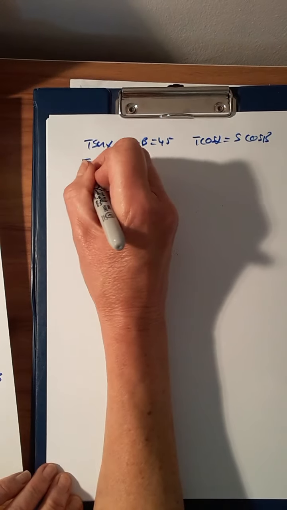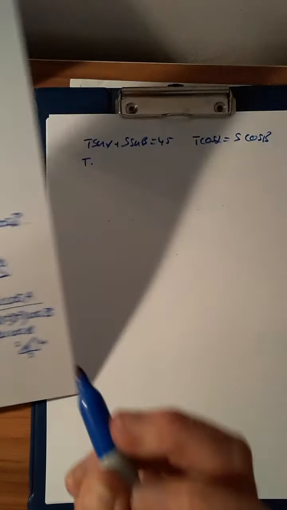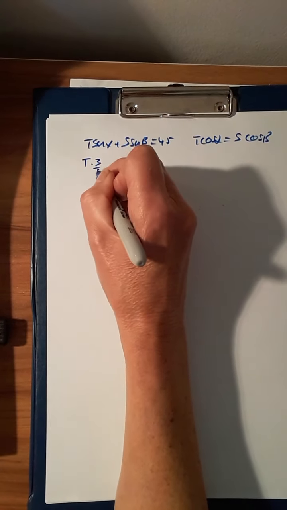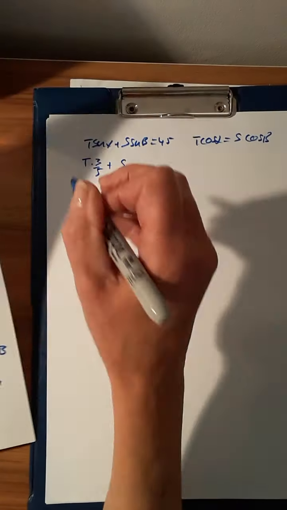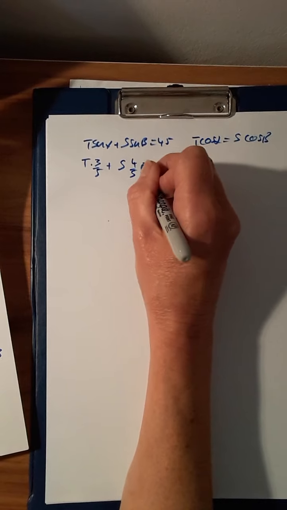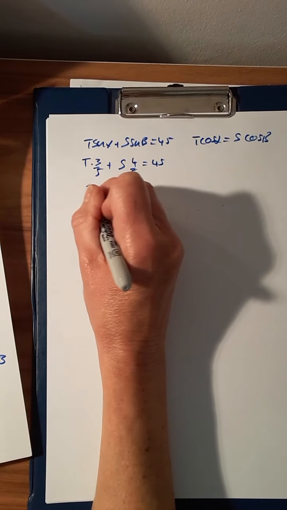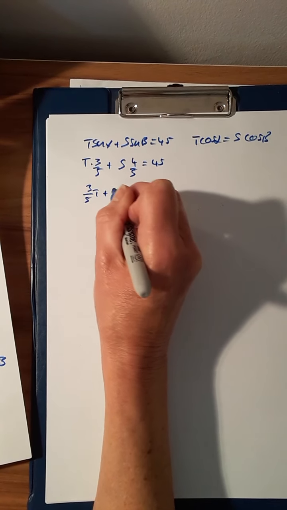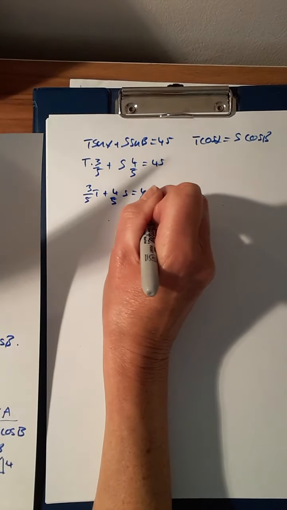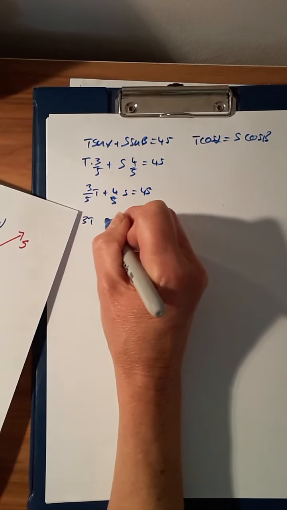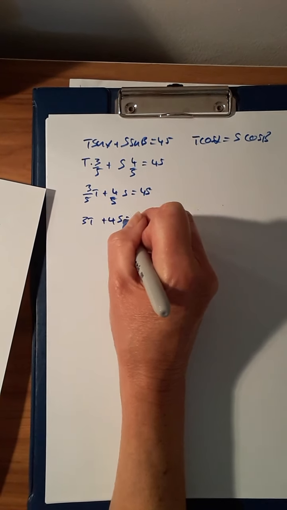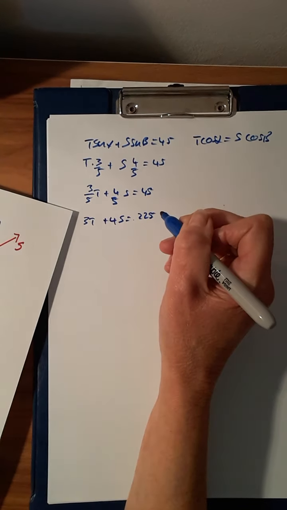So t times the sine of alpha I found to be 3/5, and the sine of beta I found to be 4/5, and that's equal to 45. So if I work this out, I get 3/5 t plus 4/5 s is equal to 45. And if I multiply all the way across by 5, that becomes 225.